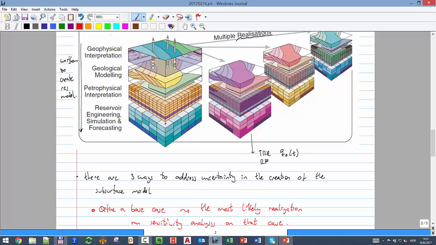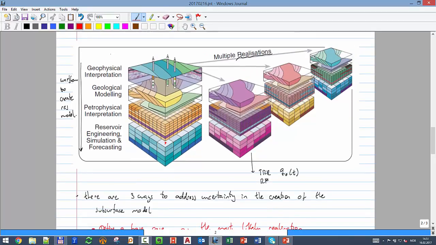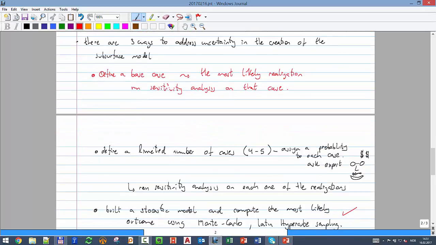But you saw already we had only 5 variables, and we had to run 8,000 iterations. Imagine now that we have 1 trillion cells. For each one of these cells we have maybe 10 properties. How many cases will I have to run? I will be at a very high number.